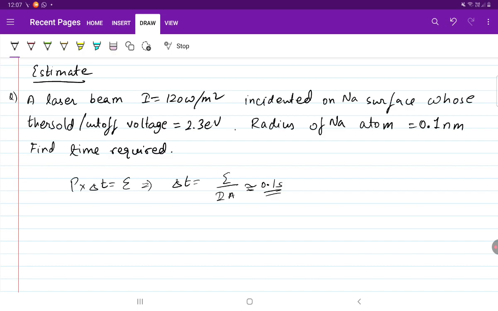If we observe the experiment, the experimental value says that the photoelectric emission takes place in about 10 to the minus 8 to 10 to the minus 7 or 10 to the minus 9 seconds, which is extremely small. 0.1 second is still measurable, but this time is very difficult to measure.